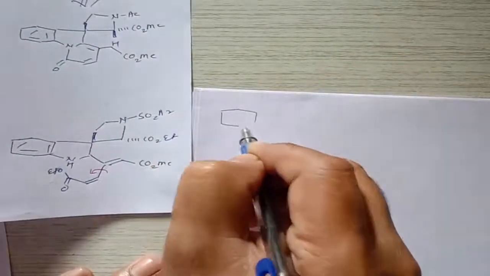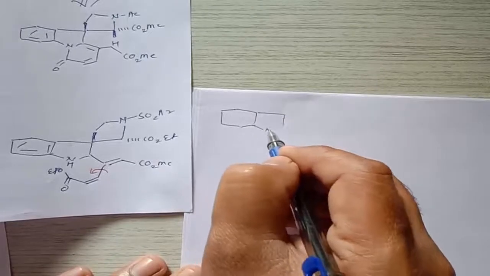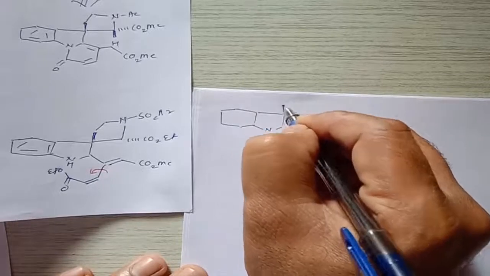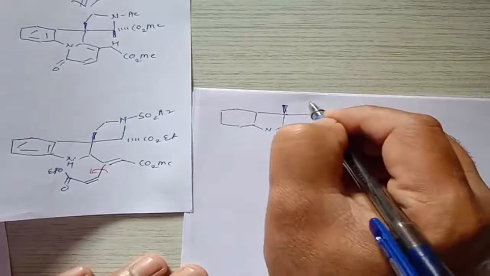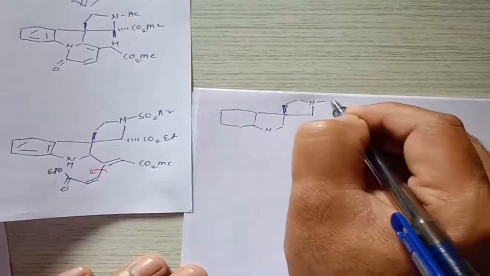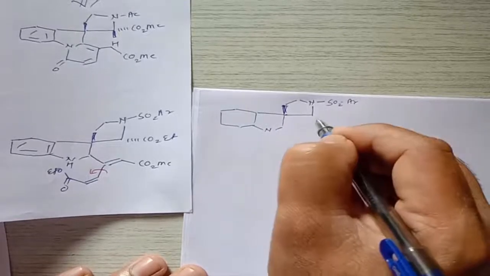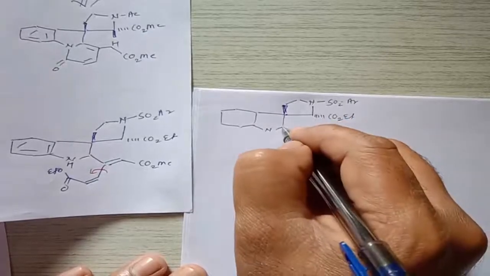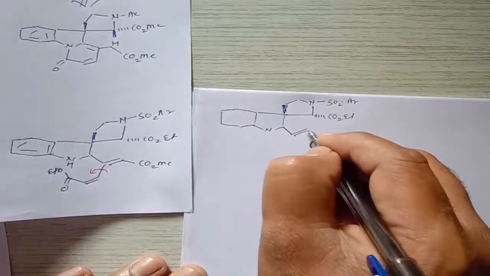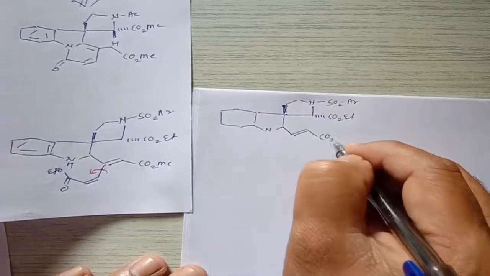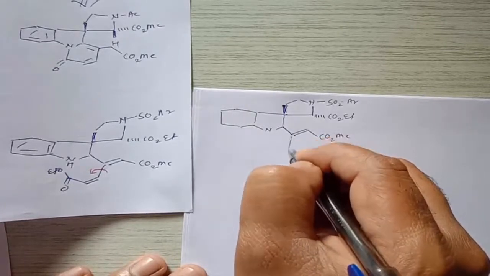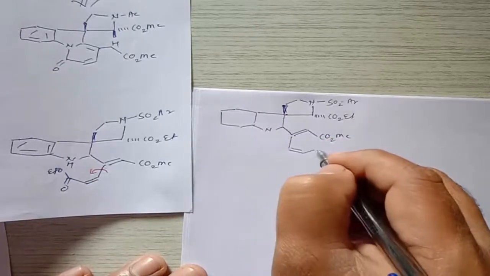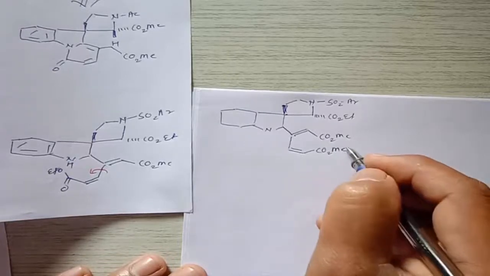So this 6-member ring is here, it contains a 5-member ring, then another 5-member ring which contains nitrogen, CH2, then SO2Ar, then here is CO2Et, and here we can get a double bond, then CO2Me, here is CH2 double bond, and here is CO2Me, right?